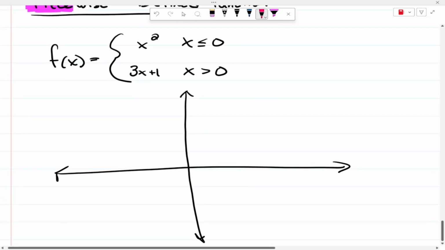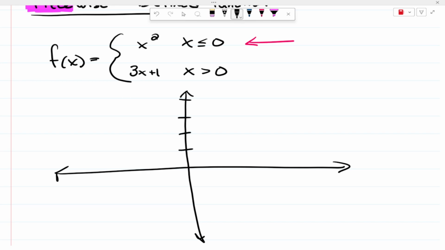I'm going to graph in pink, x to the second. So give me a little minute here. I'm going to try to make this look nice and pretty. So here's the graph of x to the second. All right, looks good enough for me.